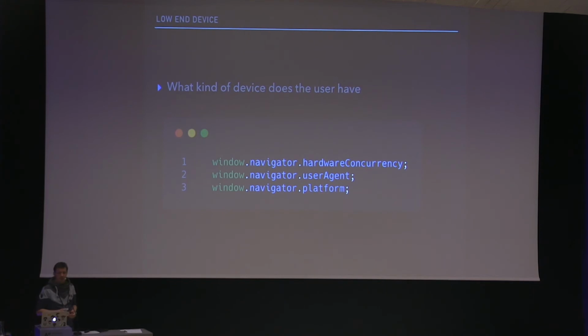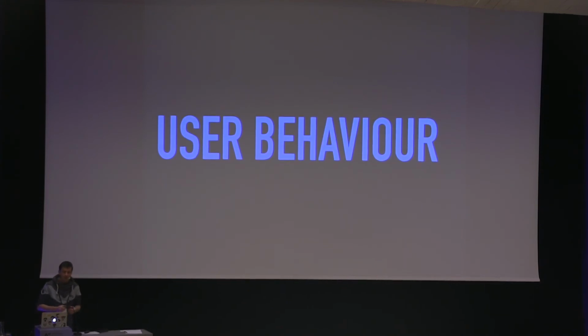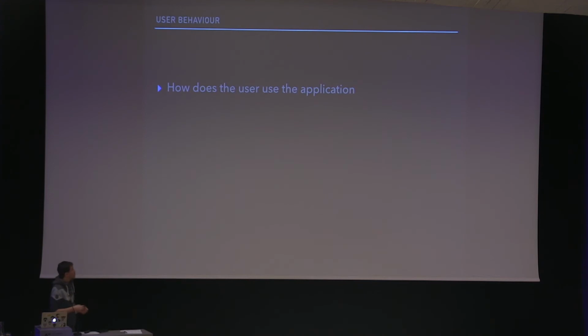Thirdly, user behavior. This is where I really ran into the problem I saw at my company. We want to know what the user does in our application, and we want to load only those lazy-loaded files, lazy modules, that are needed, and not everything else.